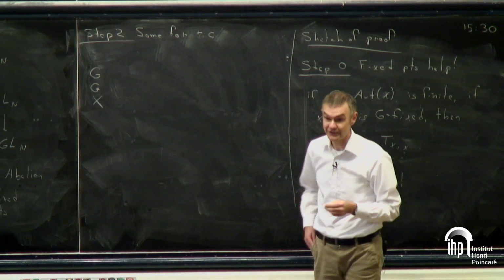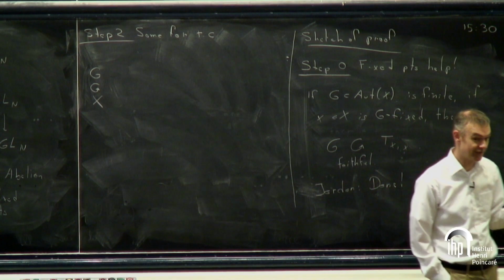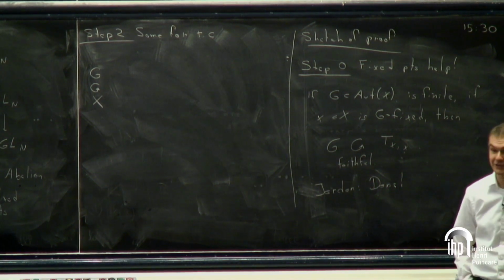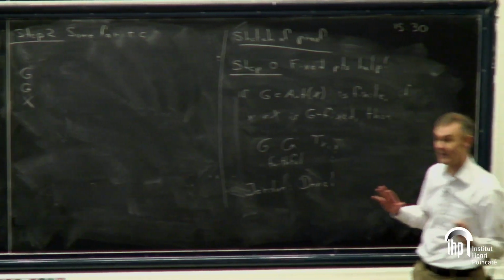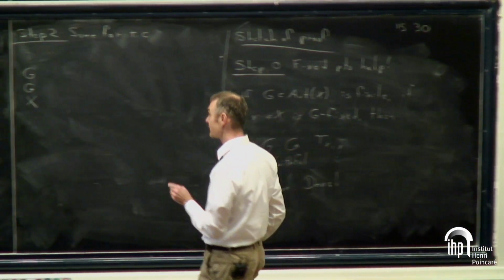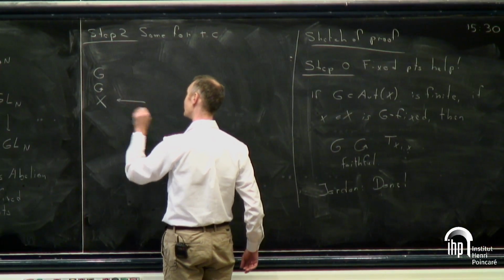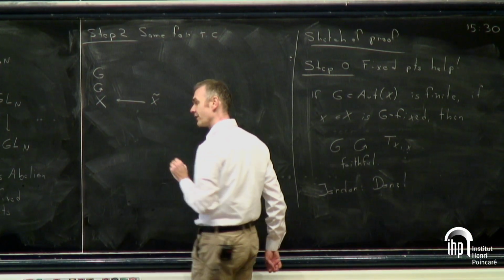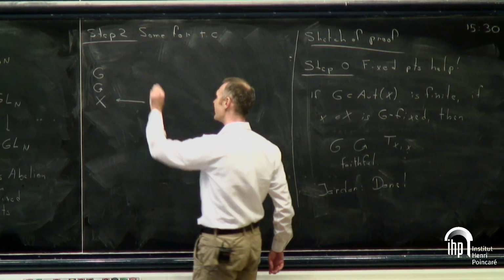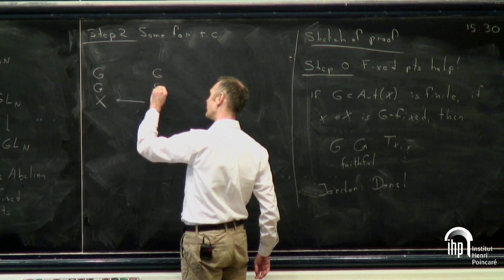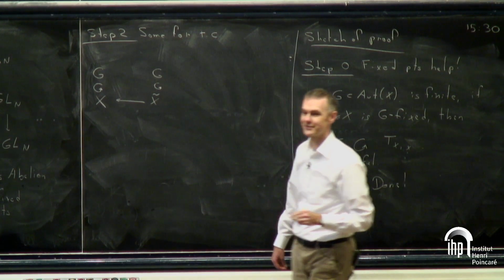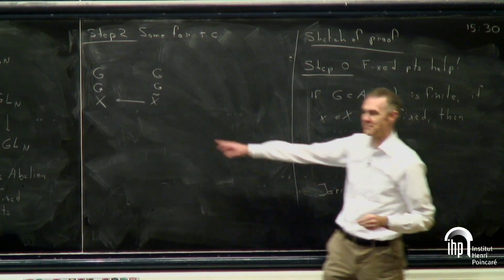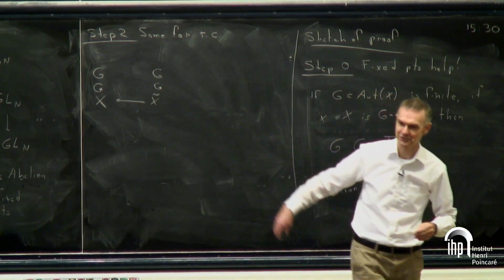Then I can resolve the singularities. There are many ways to do this, but Hironaka has given us one preferred resolution of singularities, the canonical resolution of singularities, and that will always be G-equivariant. So very good, I can already assume that my space is smooth.